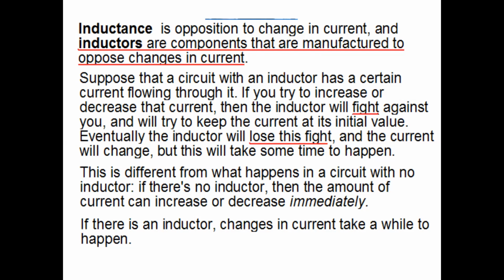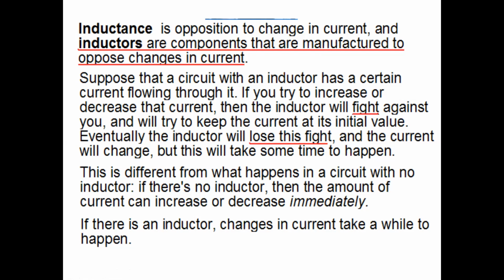Same like capacitor, you cannot change the voltage of the capacitor suddenly, but after fighting for some time, the voltage of the capacitor can be changed because the external energy source is way more powerful than the opposition offered by the capacitor.